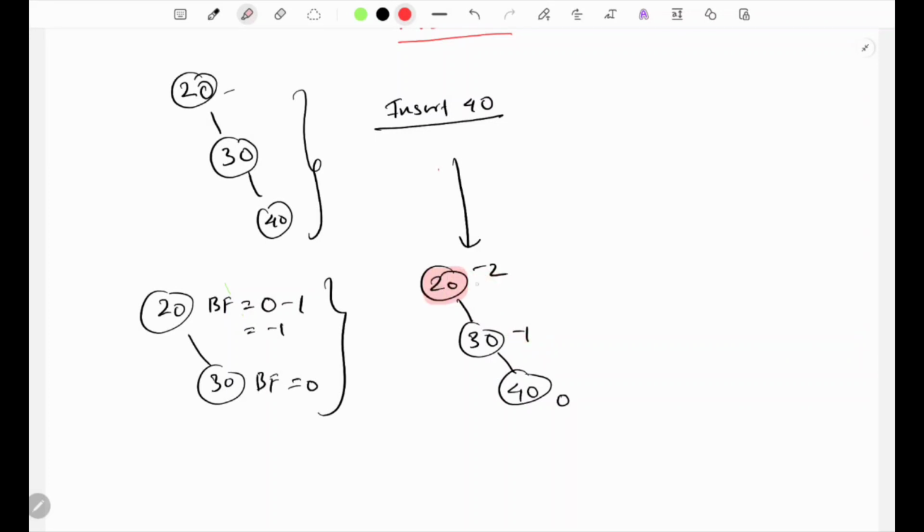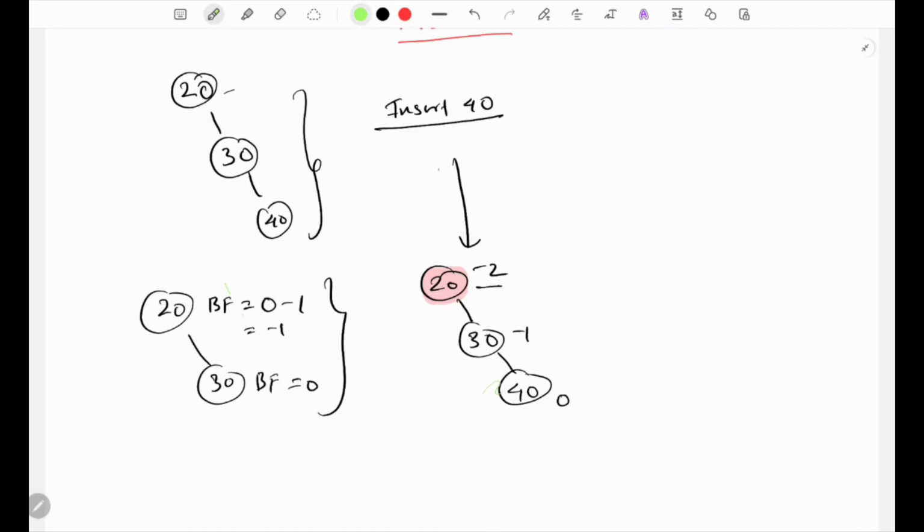This is not allowed. So we know that in AVL trees the balancing factor of each and every node should be in the range of minus 1, 0 or 1. We can see this has minus 2. Because of inserting 40, the balancing factor of this node has become minus 2.